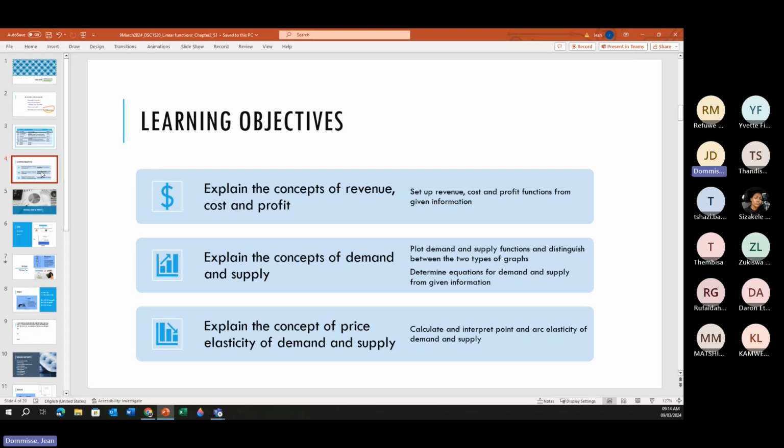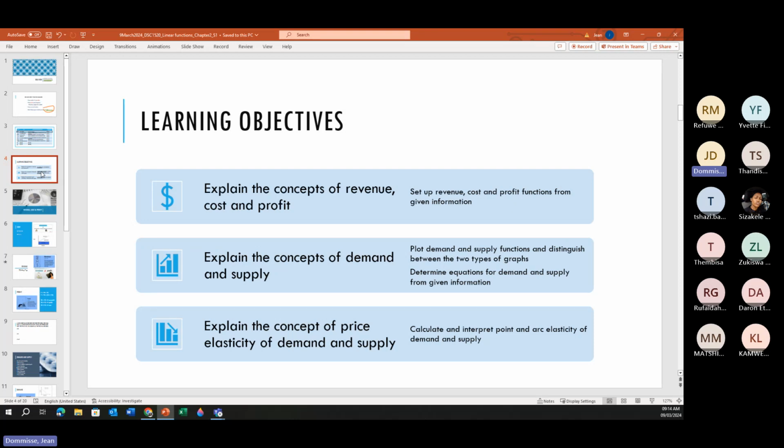So the way they ask it is a bit different. They can't ask you to explain something in any of your papers, because it's multiple choice, but they can ask you which one of these statements is incorrect, or which one is correct. So you will need to know the concepts of revenue, cost, and profit.